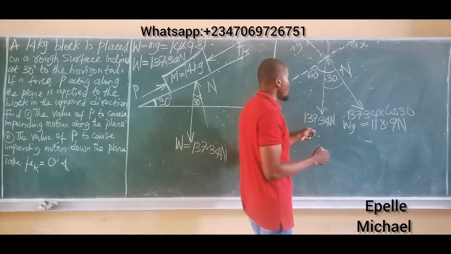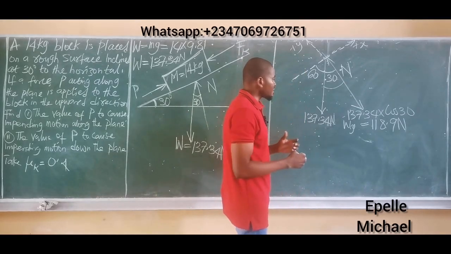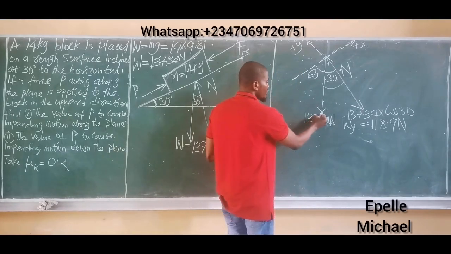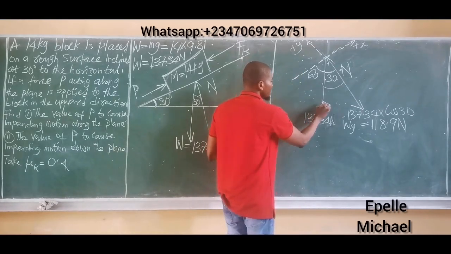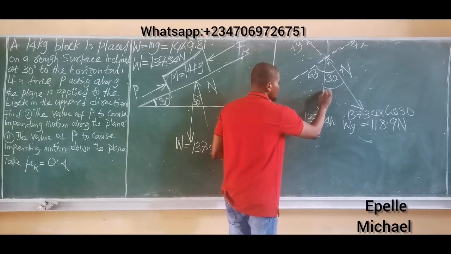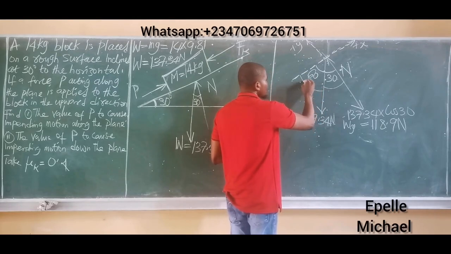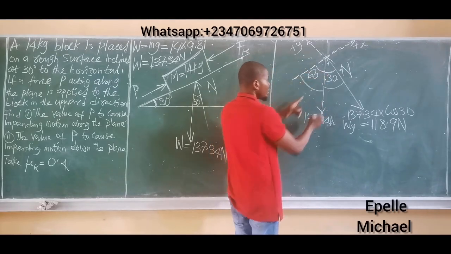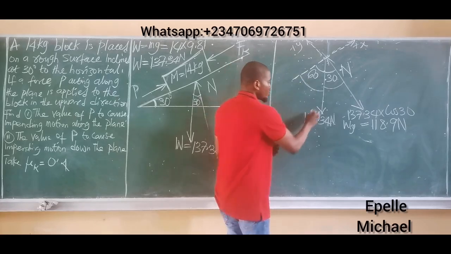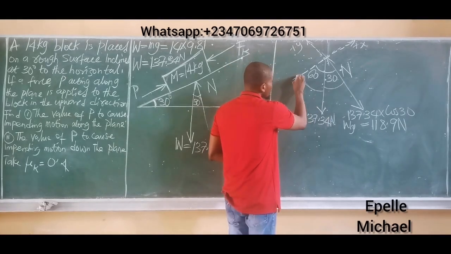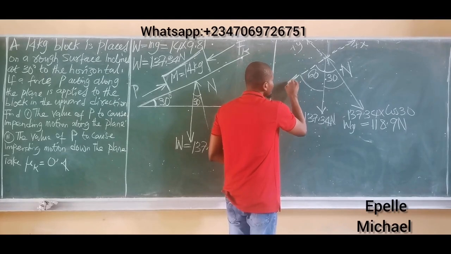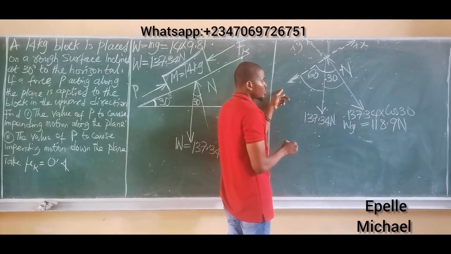Similarly, you resolve this same weight to the horizontal incline. Still the same theory: hold the tip of the arrow and pull it till it meets the horizontal line. If you pull this force from here till it meets the horizontal line, it moves all the way from here down to here, covering this angle of 60 degrees. And you observe that the arrow direction points downwards when it gets to the horizontal component.